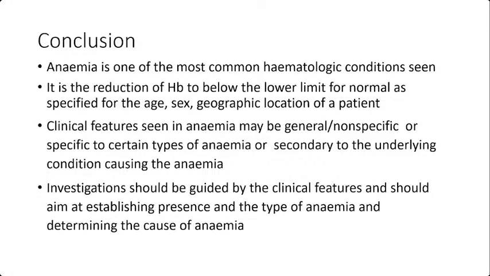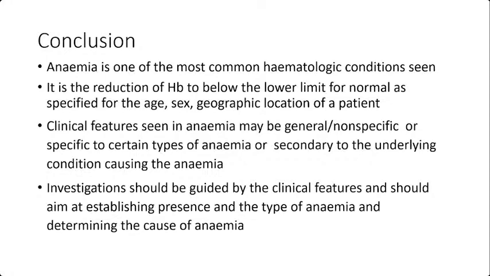The clinical features seen in anemia may be general and non-specific, and those are the general features, signs, and symptoms that I told you will be seen in any anemia. Or there are also features that are specific to certain types of anemia, like I said, in iron deficiency anemia, you see koilonychia.